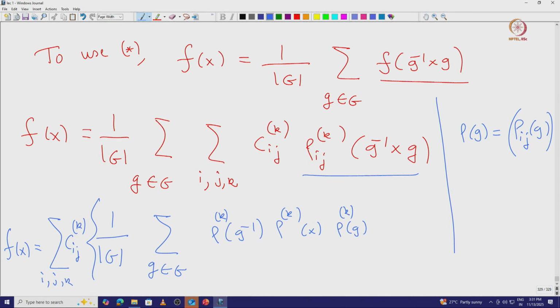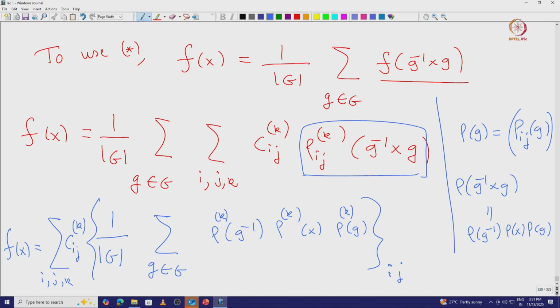Note that rho is a group homomorphism. That is why this operator rho of g inverse x g splits into rho of g inverse, rho of x, and rho of g. Now, this is nothing but the ijth coefficient. Basically we have this very big matrix, and then we take the ijth entry of this entire matrix.